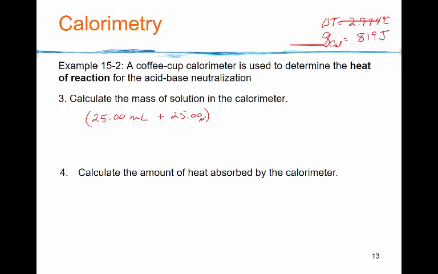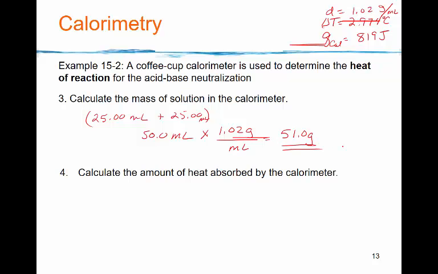So this is a total of 50 milliliters, and this is why they told us the density, 1.02 grams per milliliter. So 50 milliliters times 1.02 grams per milliliter tells us that we have approximately 51 grams of the solution. So now we have the mass of the solution.